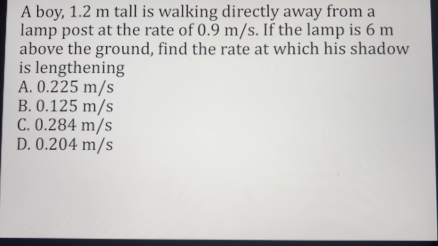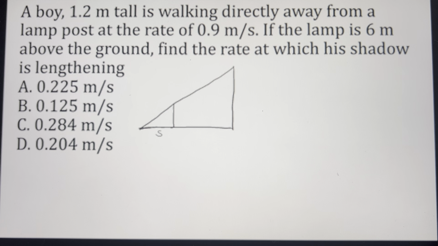A boy 1.2 meters tall is walking directly away from a lamppost at the rate of 0.9 meter per second. If the lamp is 6 meters above the ground, find the rate at which the shadow is lengthening. So let's say we have this lamp and we have this boy, and if there's a light, there will be a shadow.